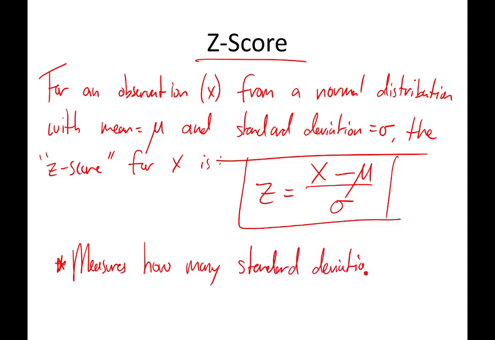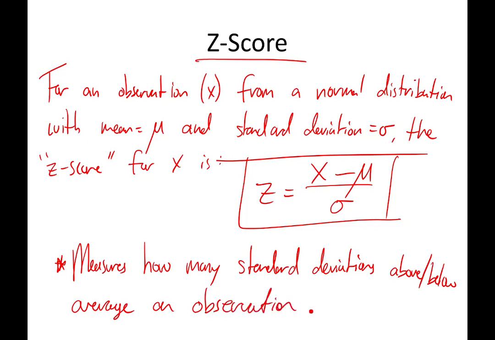So there's the formula, but this is really what the z-score is trying to get at. Not only does it tell you whether someone is above or below average, but it also tells you how far above or below average.